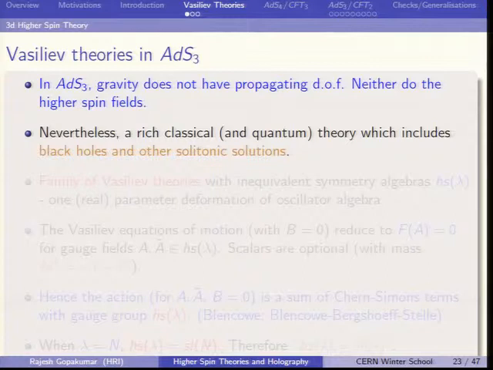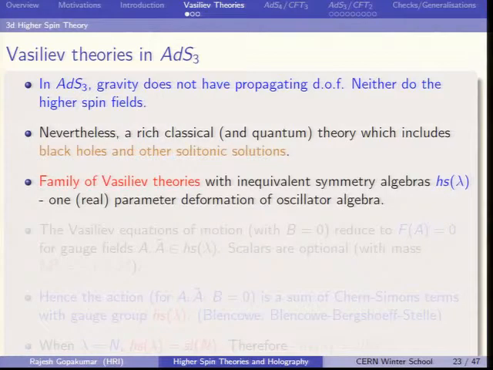So even without propagating degrees of freedom, it has sufficient richness. And the other new feature about the three-dimensional higher spin theories, the Vasiliev theories, is that there is now a family of such theories which are labeled by a real parameter lambda.